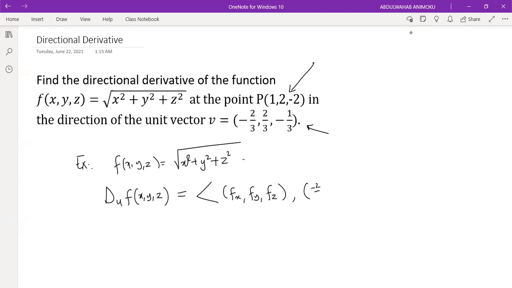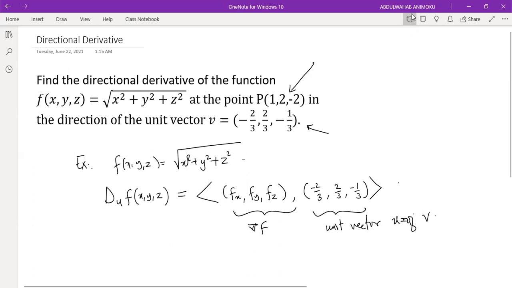So in this case, let's quickly write this, right? It is the inner product of these two vectors, the gradient vector, which is gotten from this, and then the unit vector u in the direction of v, right? Unit vector u of v.